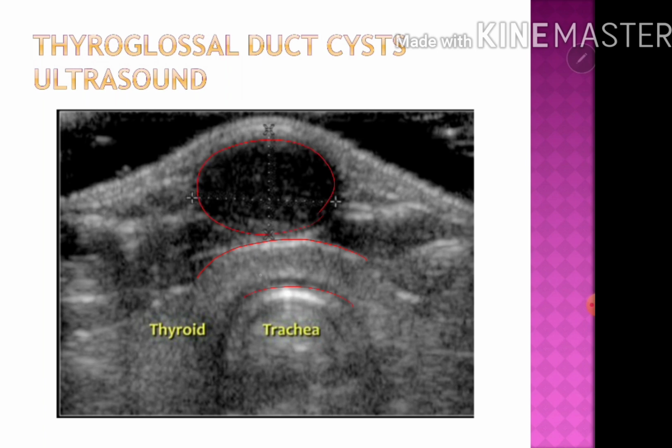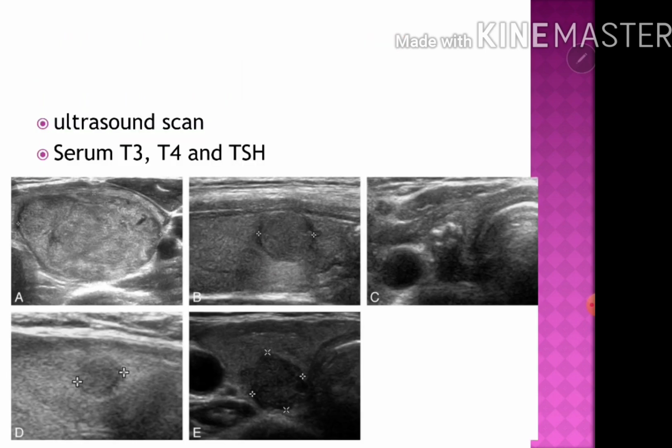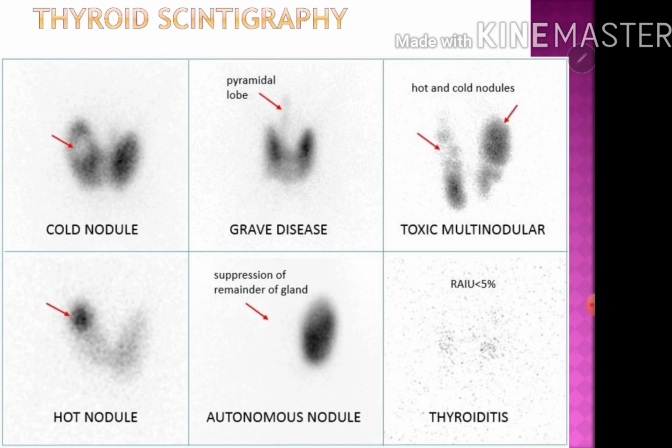Okay, it is separated from the thyroid gland. As we mentioned previously, the ultrasound scan is very important to differentiate between benign and malignant tumor on one side, and to differentiate from other differential diagnoses like lymphadenopathy, thyroglossal cyst, or dermoid cyst. And also, we can see the characteristics of the nodule, whether it is benign or malignant.